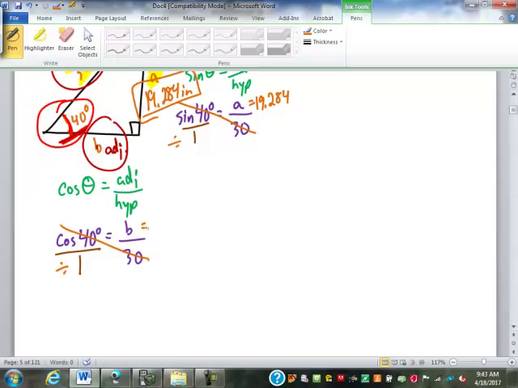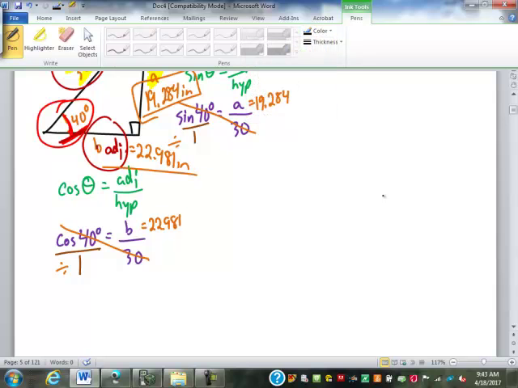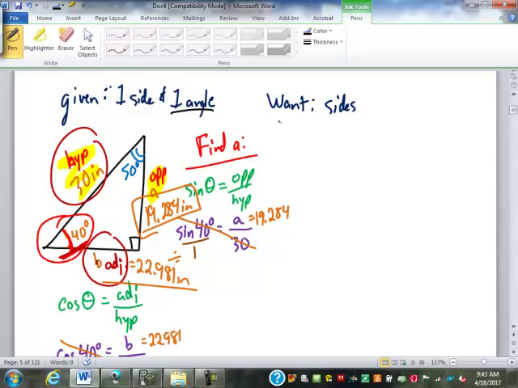22.981. So this is 22.981 inches. I have found the other sides. Or I could be given something like this.